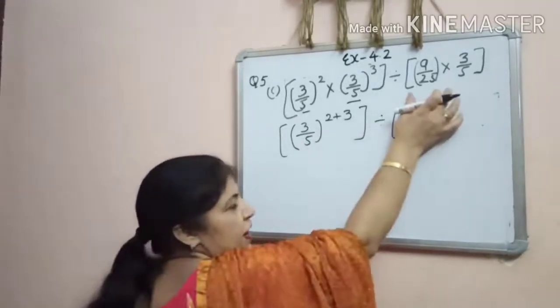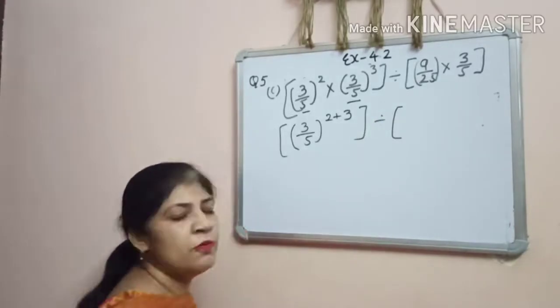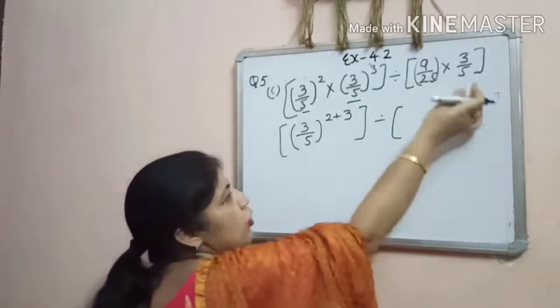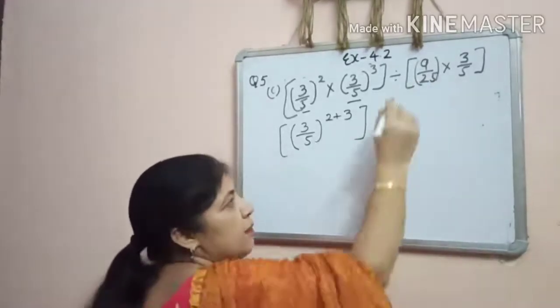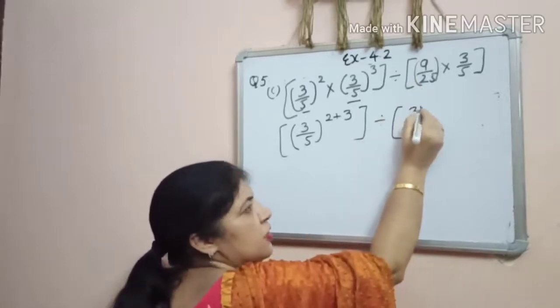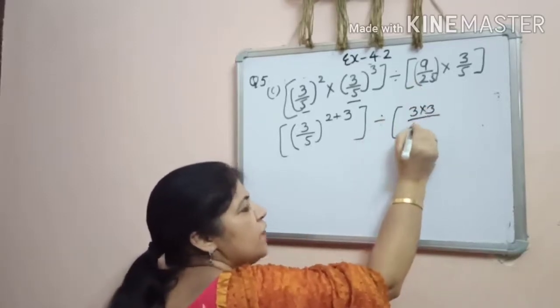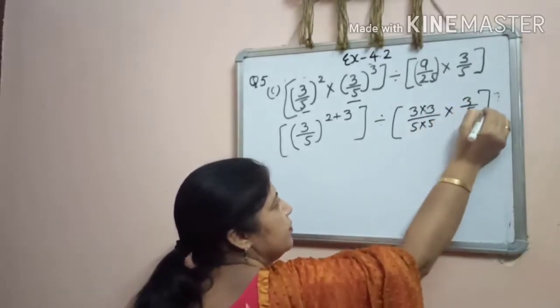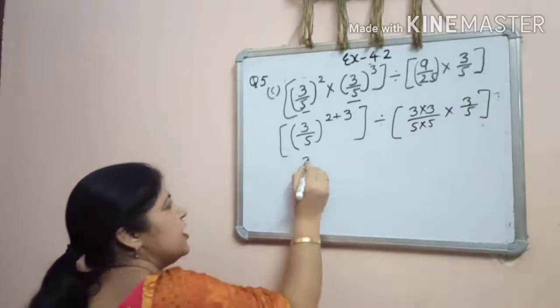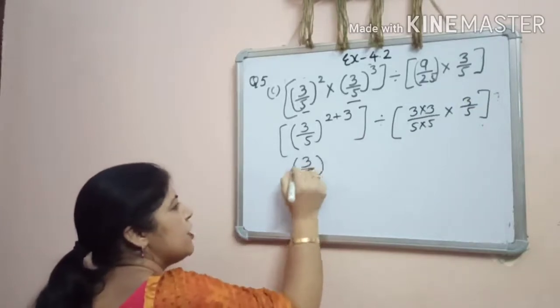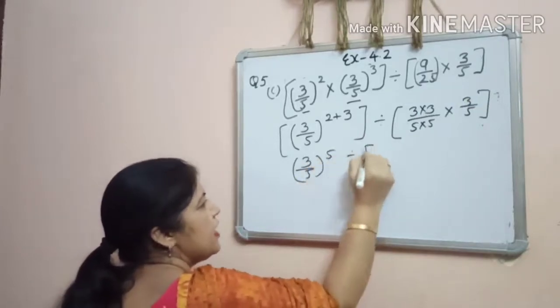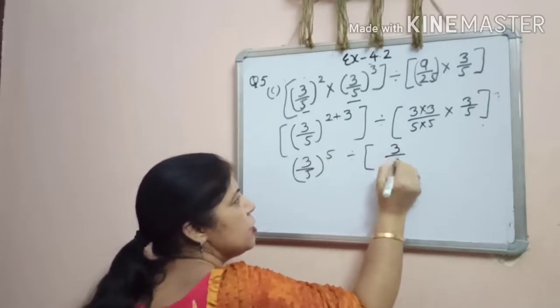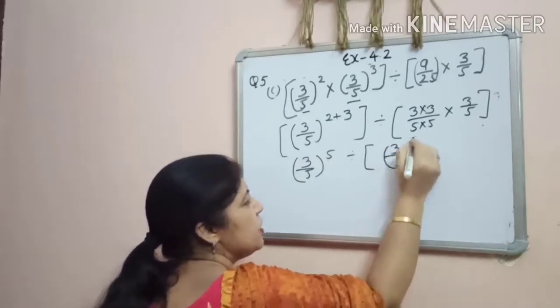You can simplify it or you can convert it in the form of 3 by 5. Because you know 9 is 3 into 3. 25 is 5 into 5. So it is 3 by 5 raised to the power 5, and here it will be 3 by 5 raised to the power 2.